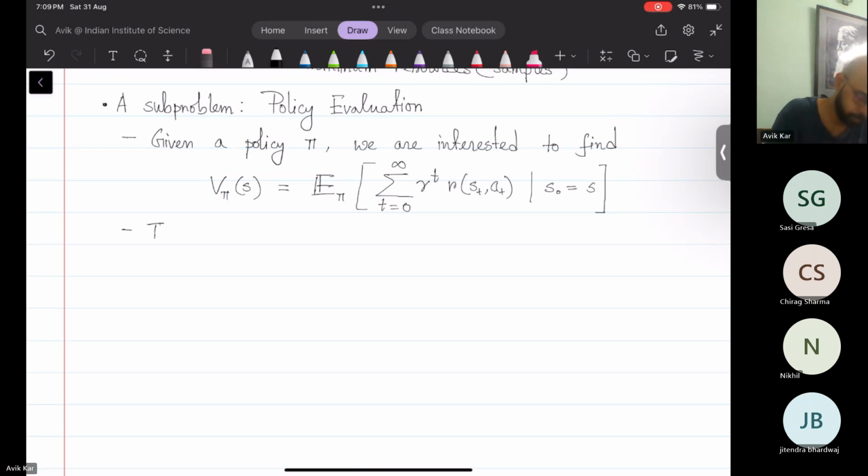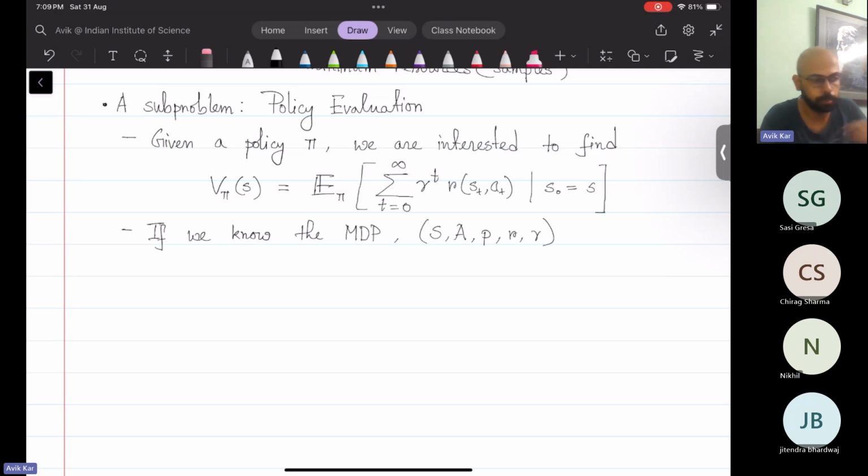If we know the MDP, which is a 5-tuple, if you remember: state space, action space, transition probability kernel, reward function, and discount factor gamma, then we have two methods of evaluating a policy that we have discussed. The first one is through the Bellman equation, writing the Bellman equation in matrix-vector form and solving a matrix inversion problem.